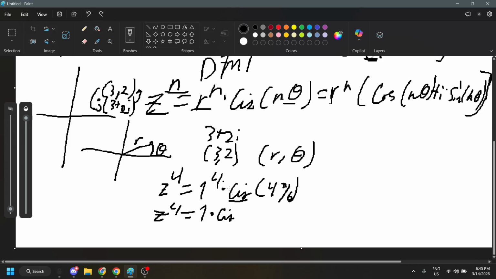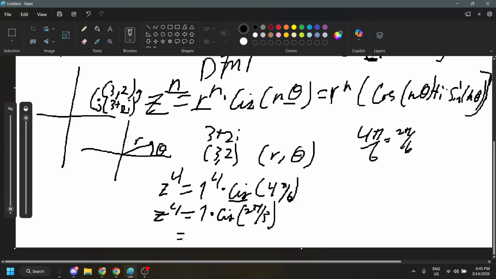What we can do here is simplify 4 pi over 6 to 2 pi over 3, right? It's just simple simplification of a fraction. Oh, I didn't realize the 4 was with the pi.